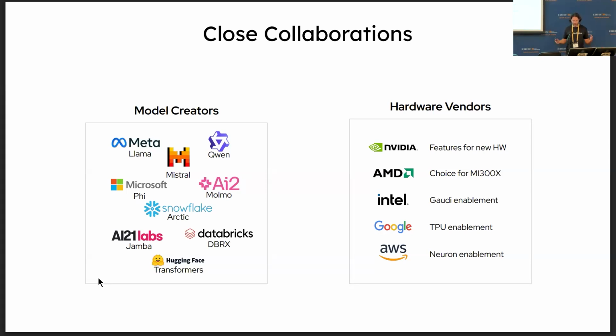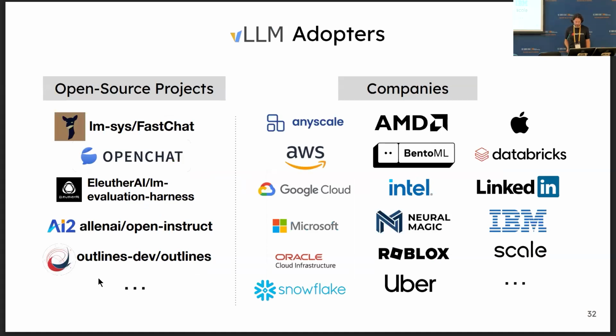So we work closely with NVIDIA, and are often faster than or competitive with their own inference solutions. We also work with AMD, Intel with their Gaudi chips, Google with the TPUs, and Neuron, the Inferentia and Trainium chips from Amazon.